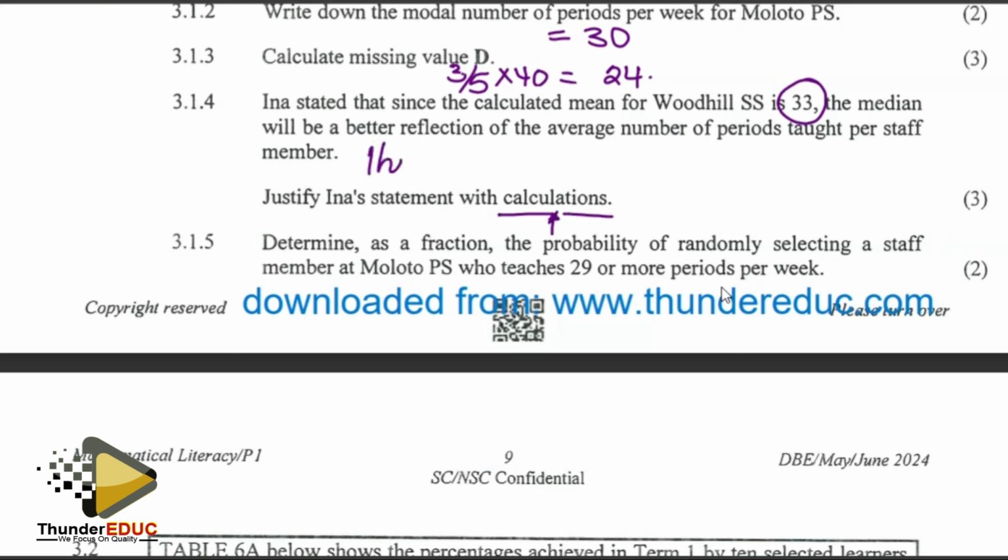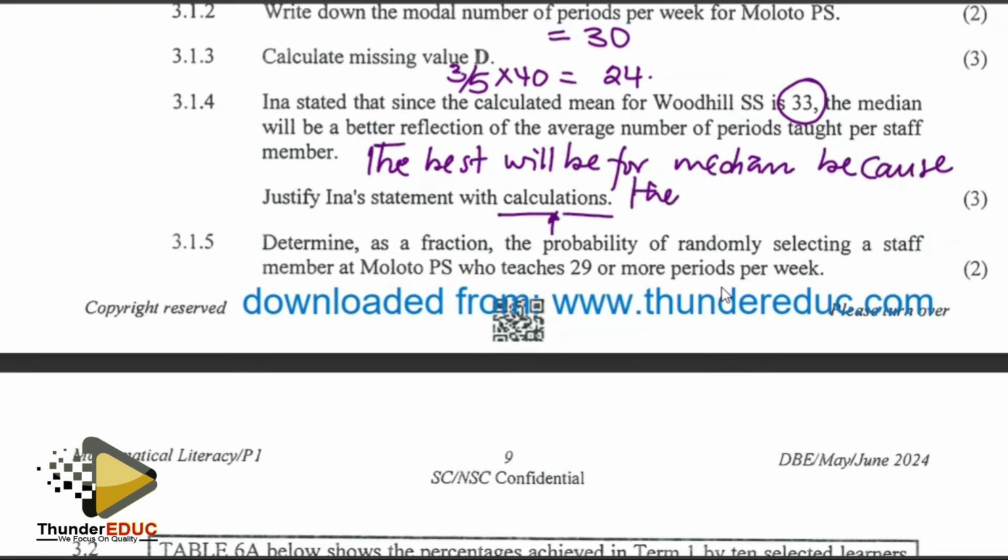Here the best reflection will be for the median, because there is an outlier.